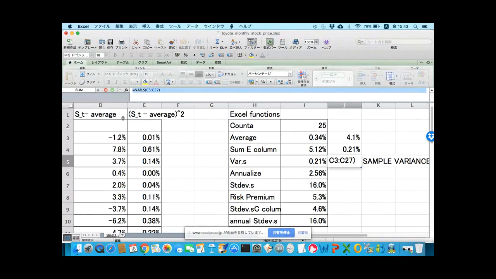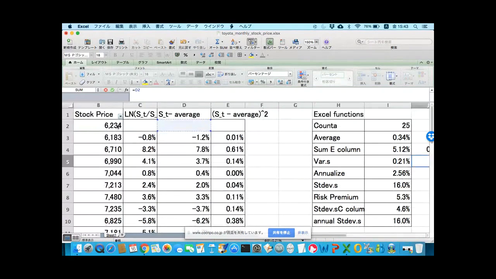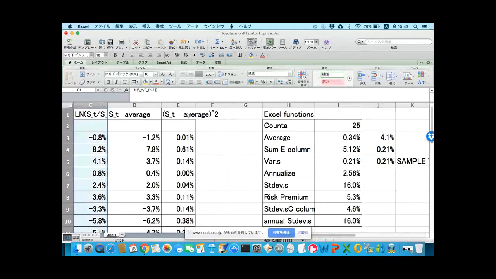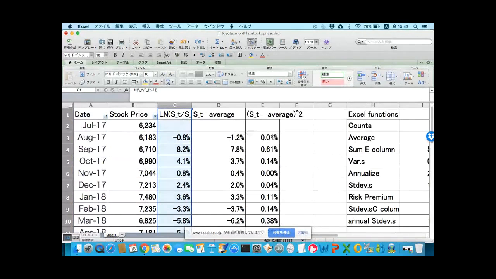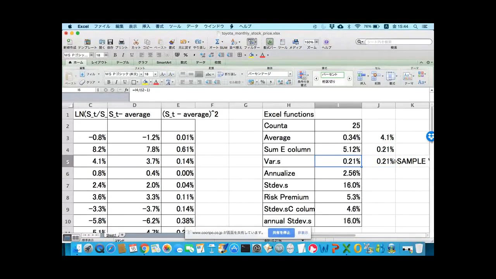The target is the growth rate in column C, right? You can put that into this function var.s, and you immediately get the result of 0.21.